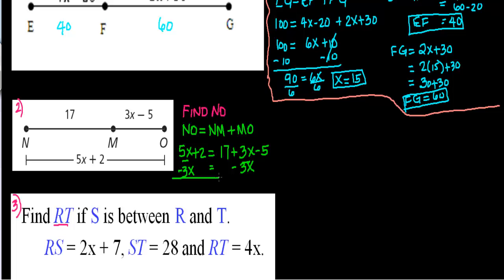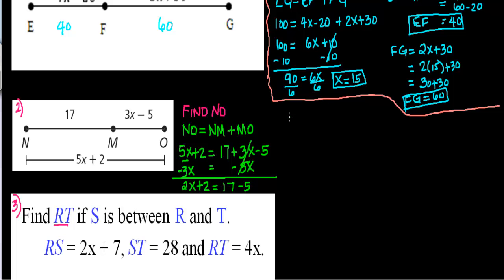When I do that, on this side of the equal sign, I'm left with 5x minus 3x. That makes 2x. I have a plus 2. I have an equal sign. I have a 17. I have 3x minus 3x. That becomes 0, and I have a minus 5.